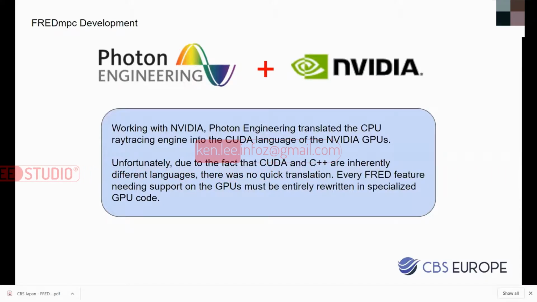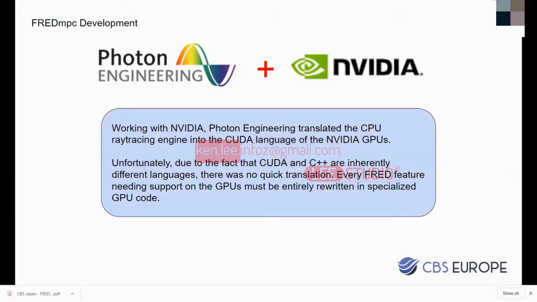conversion from what we have in the FRED code, which is C++ programming language, to the CUDA code of the GPUs. Unfortunately, because they were so different in the languages, and this type of detail in the ray tracing was required, there was no quick translation. Every FRED feature that needed to be run on the GPUs had to be completely rewritten from scratch in the GPU code.